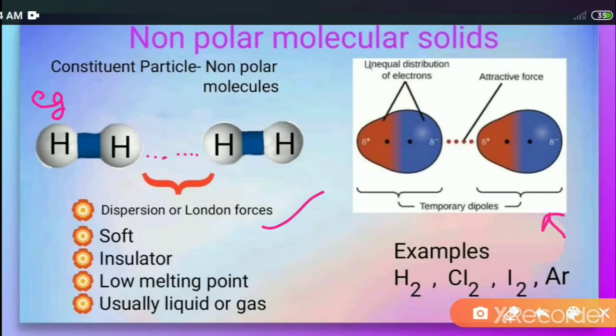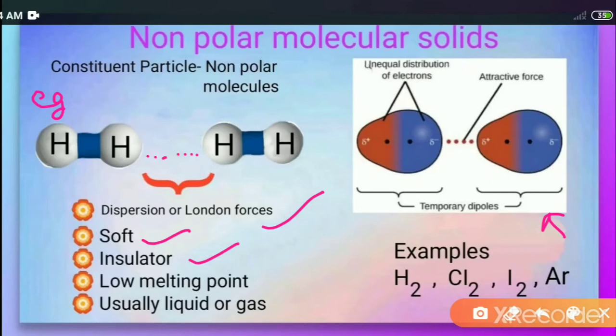This we have discussed last year. A temporary dipole is formed, and the attractive force between them is called dispersion force or London force. These solids are usually soft and insulators, that means they are non-conductors of electricity.